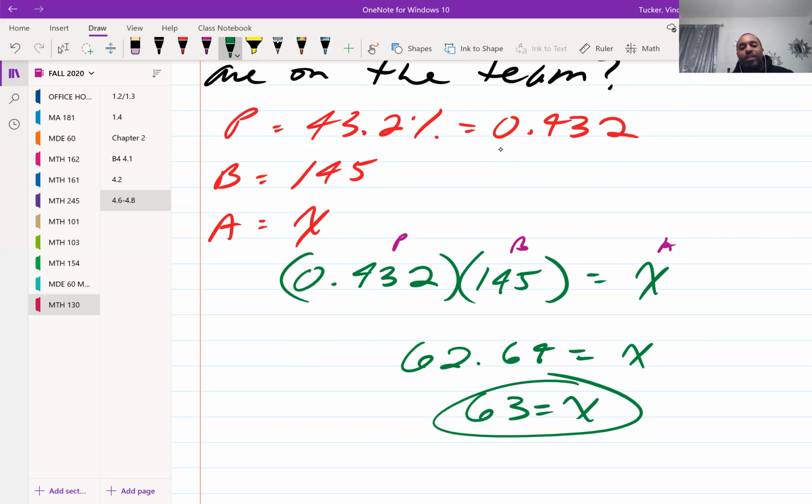No such thing as 0.64 of a person, you know? And of course, the directions will tell you when to round and when not to.